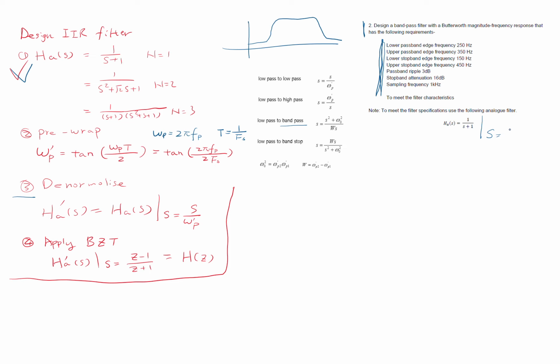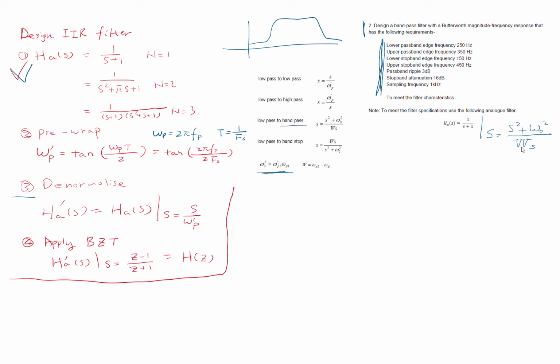It has S squared on top plus omega 0 squared, over W S. Omega 0 is related to pass frequency number 2 and number 1, and W is omega pass number 2 minus number 1 as well.